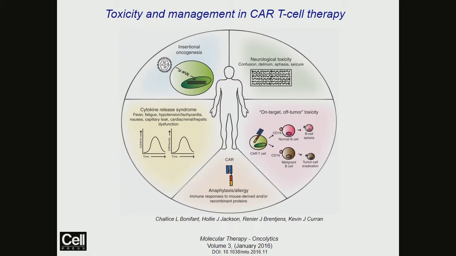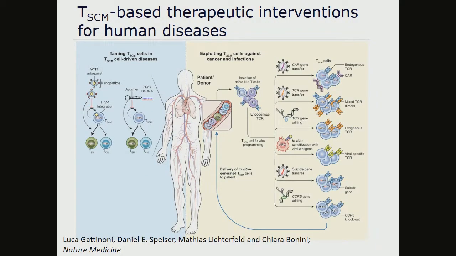One, of course, is the fact that if we use an antigen which is directed to specific autoantigens which are present also in normal tissues, we may end up having toxicity in the brain, in the heart, in organs which carry also that antigen. So the more we have a potent tool to destroy the leukemic or the tumor cells, the more we have to be careful that this is as specific for the tumor as possible.